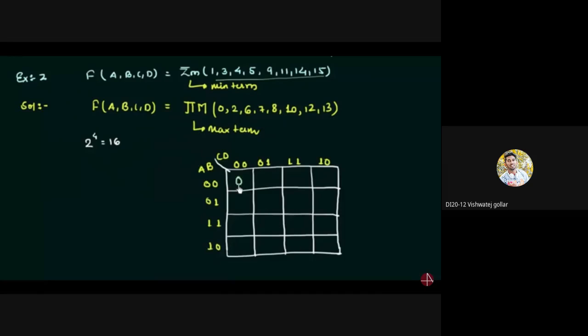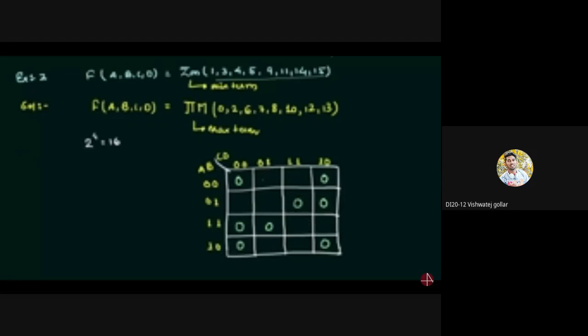It is 0, so I'll fill 0. 1, 2, 2 is 0. 3, 4, 5, 6, 6 is 0. 7, 7 also 0. 8, 9, 10, 11, 12, 13. Okay. And 14, 15 are 1. So those should be kept vacant so that the map does not look messy. So we have filled our zeros. It looks fine.